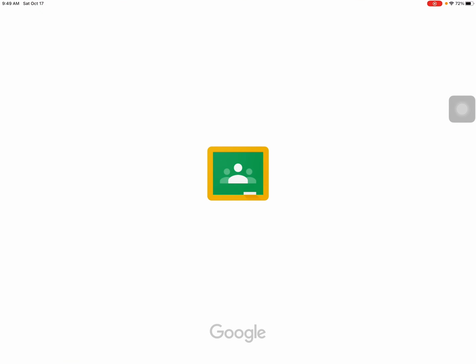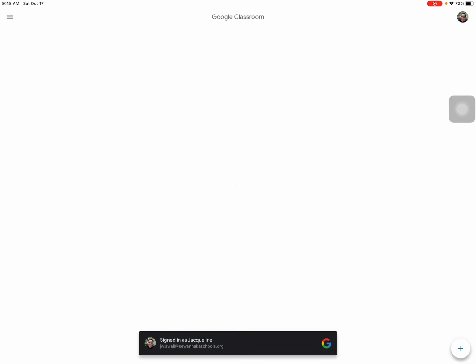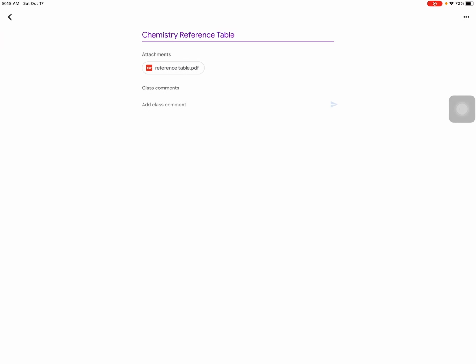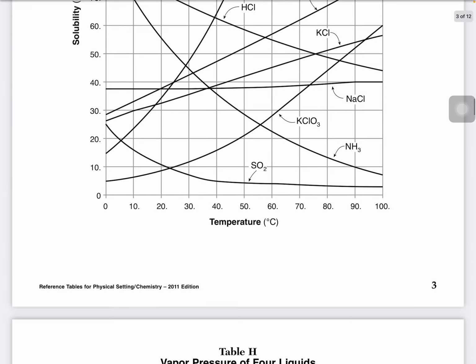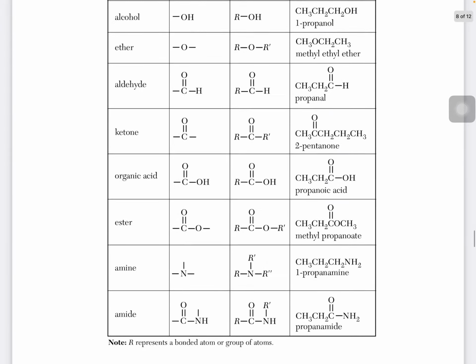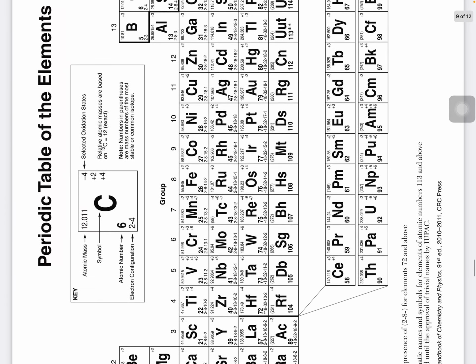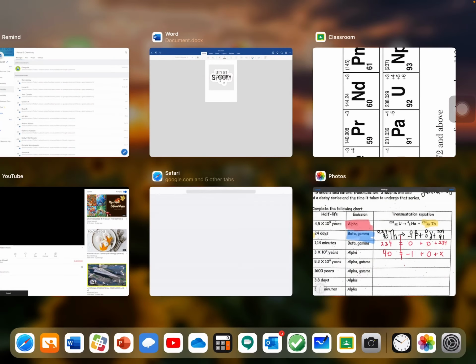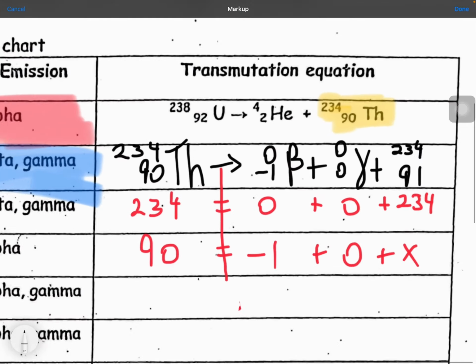I'm just going to pull it up on our chemistry classroom. Okay, so element 91, excuse me, I just woke up, is Pa. So our element is Pa.